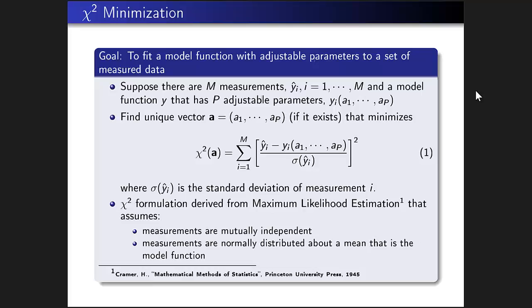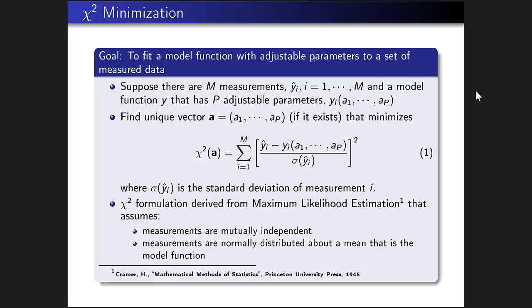Then the goal is to find a unique vector A, of length P, the number of parameters, if it exists, that minimizes this chi-squared function. And it is the sum over all the measurements of the quantity, the difference between each measurement and the model prediction with the current set of parameters, divided by the standard deviation of the measurements, and that quantity squared.